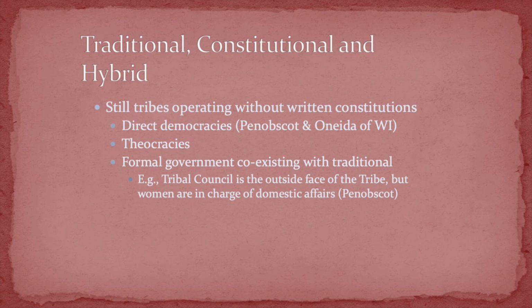There are still tribes that operate without written constitutions. We have direct democracies like the Penobscot and Oneida of Wisconsin. And many of the Pueblos don't have their own constitutions. There are formal agreements of coexisting with traditional governments. So you will have your councilman, and like in the case of Pueblos, you'll also have your cacique, right?